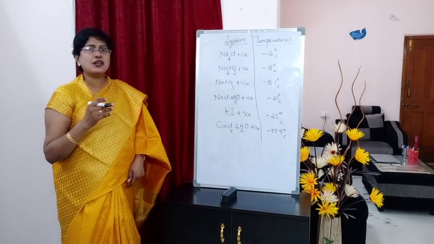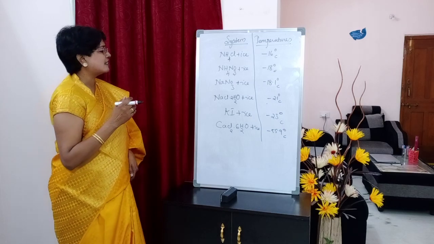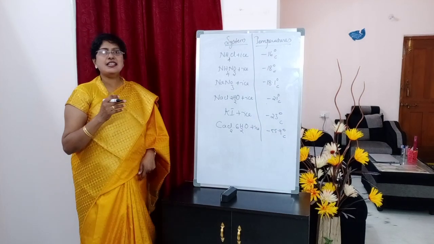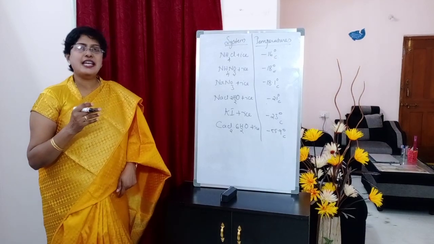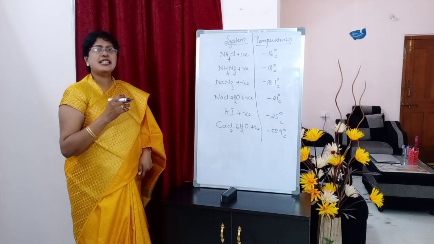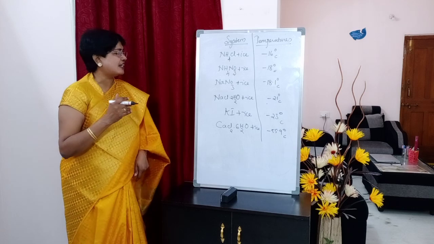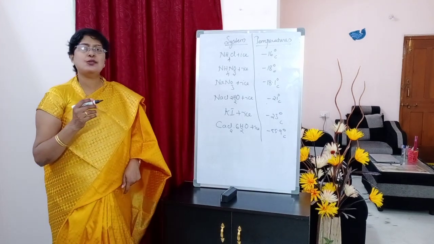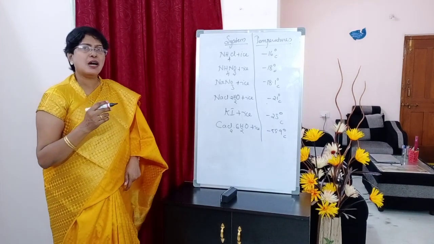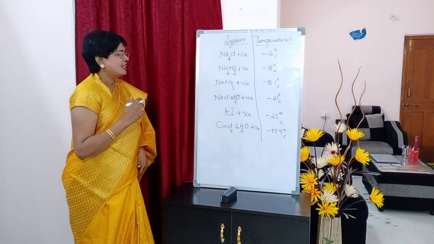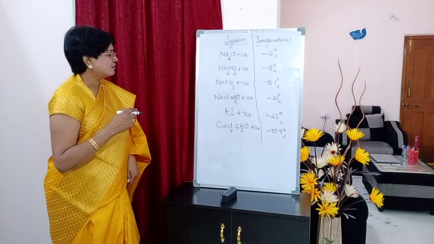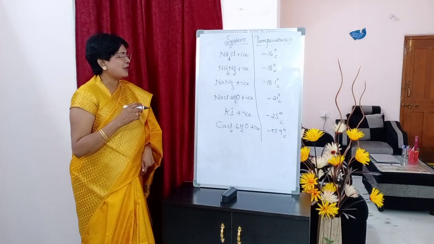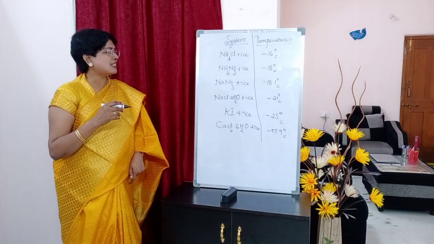Next, NH4NO3 plus ice, minus 18 degrees centigrade. Next, NaNO3 plus ice, minus 18.1 degrees centigrade. Next, NaCl.2H2O plus ice, minus 21 degrees centigrade. KI plus ice, minus 23 degrees centigrade.